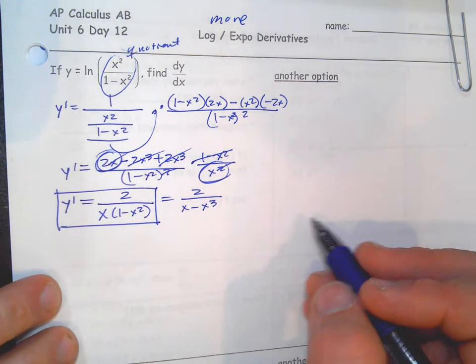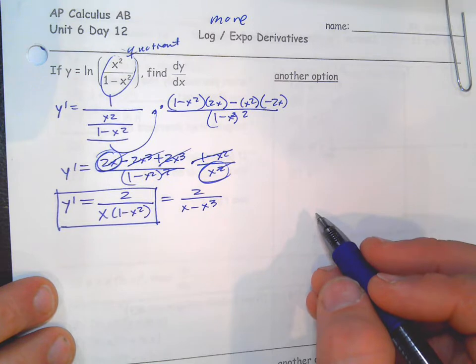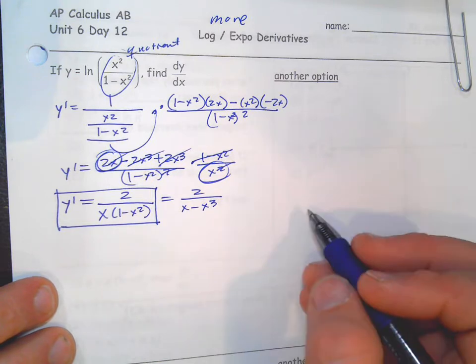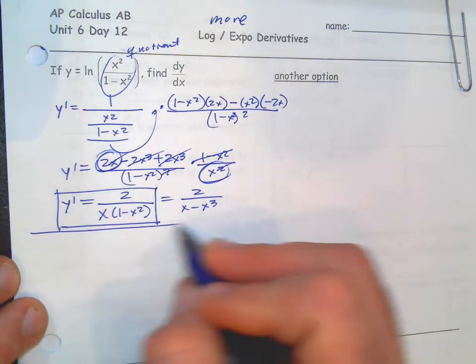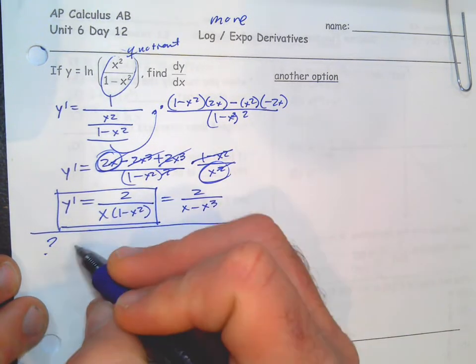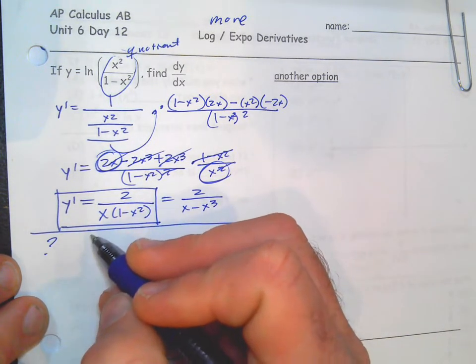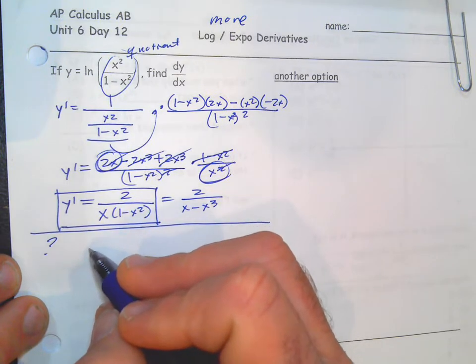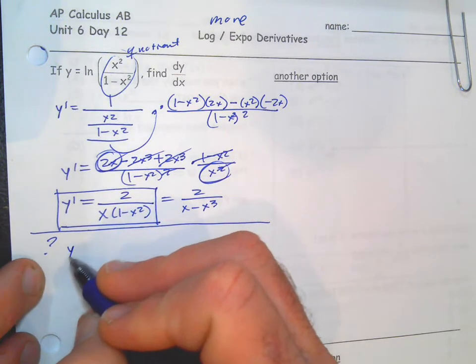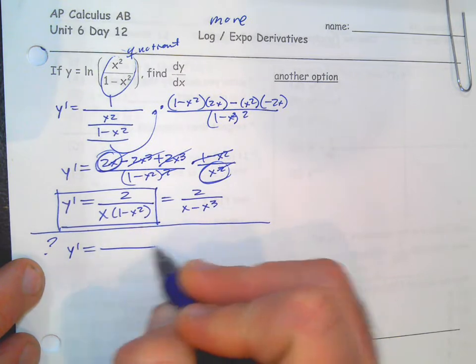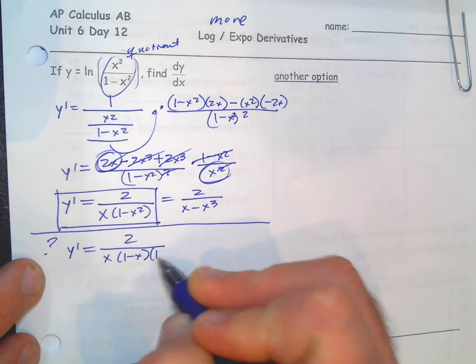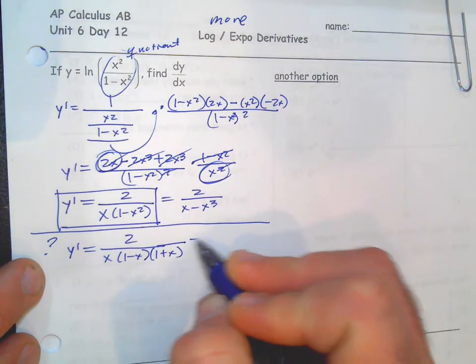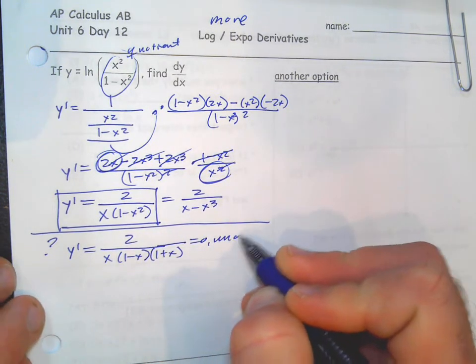Just as an extra thing, what if I asked you to do a line check, find where it's increasing or decreasing or things like that? Just sort of an extra problem, like increasing, decreasing, relative maxes and mins. You'd want to take this and set it equal to 0 and solve, and you probably want to factor this. This is the difference of squares. So this is just a little extra.